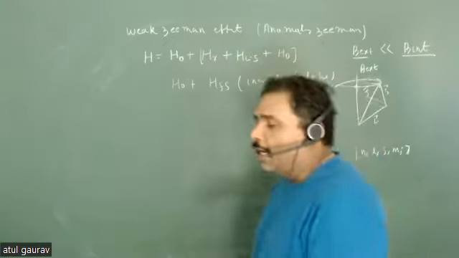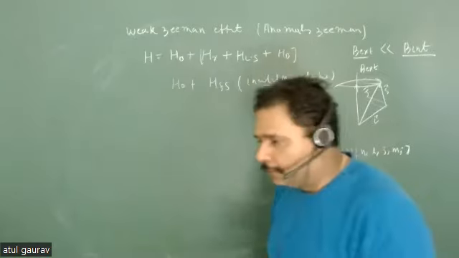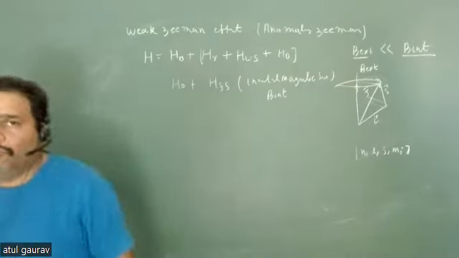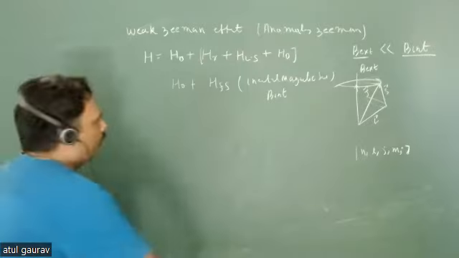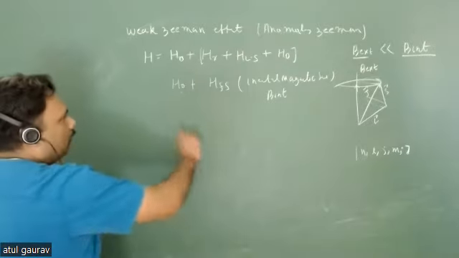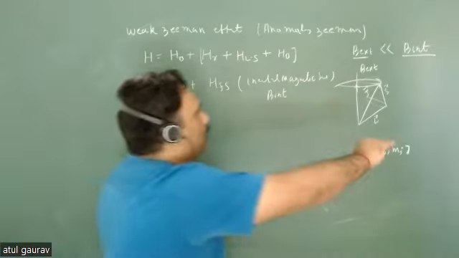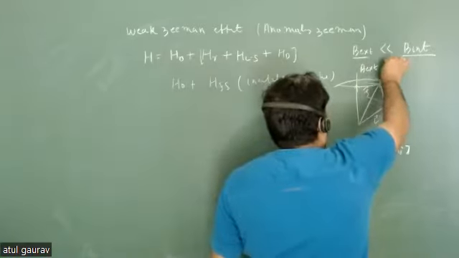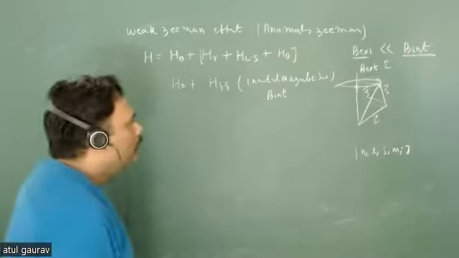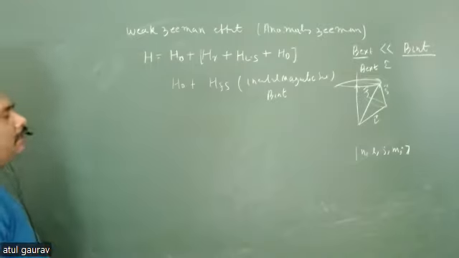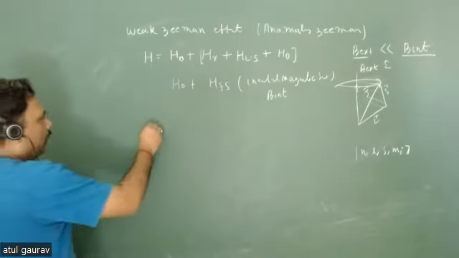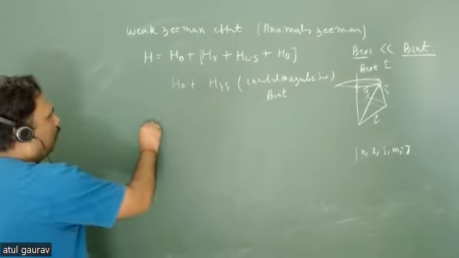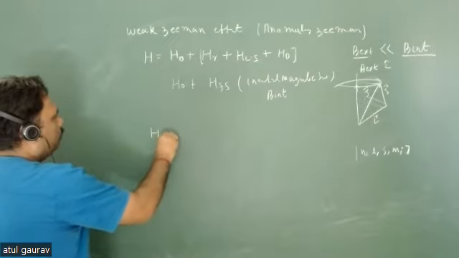Now look at how the bigger problem will come into the picture. So now what is going to happen? Again, we have external magnetic field, and I can assume this external magnetic field is in Z direction. There is not any problem. So if this external magnetic field is in Z direction, again we have H Zeeman.